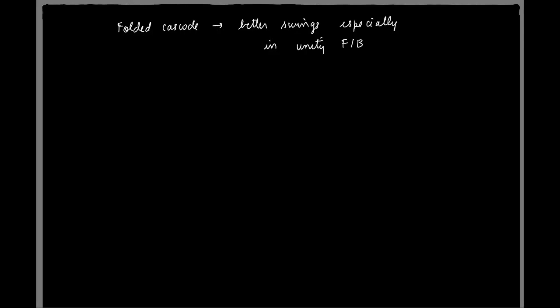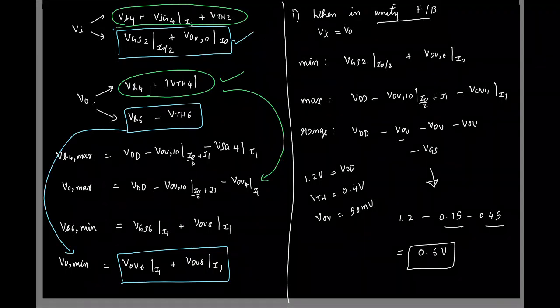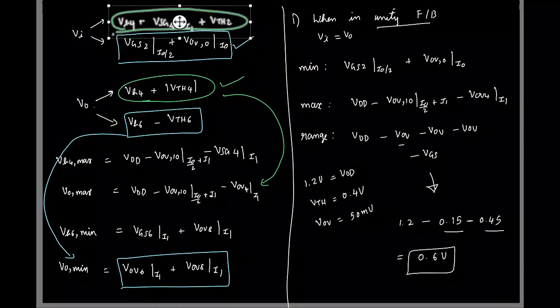So not just that, if you actually look at the maximum input voltage, the maximum input voltage is this, right? And we also know what is the maximum for VB4. So let's put in all these values and see what we get. Let me quickly copy this if I can.